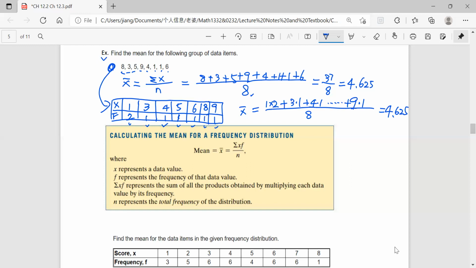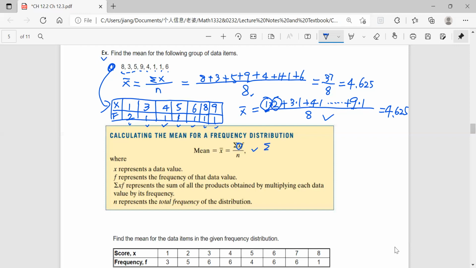And this provides us the formula for the mean of a frequency distribution. The mean, x bar, equals the summation, sigma x times the frequency, over n. Coming back to the example, you see the x multiplied by the frequency 2 because the 1 occurs twice.